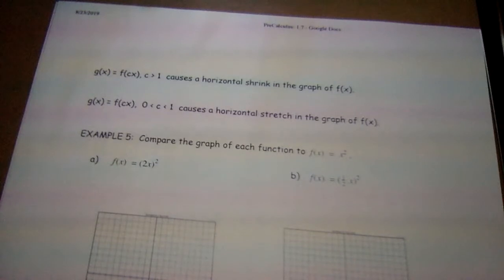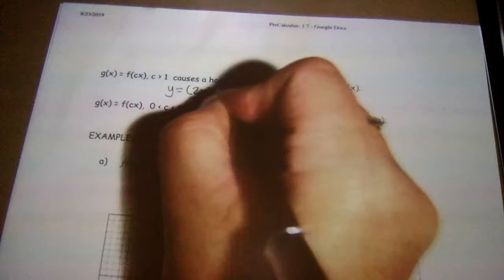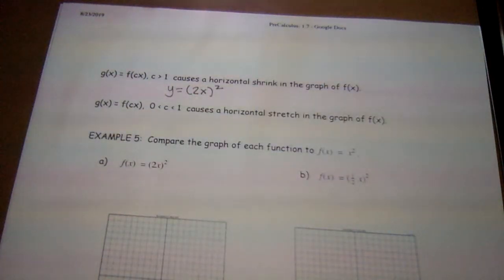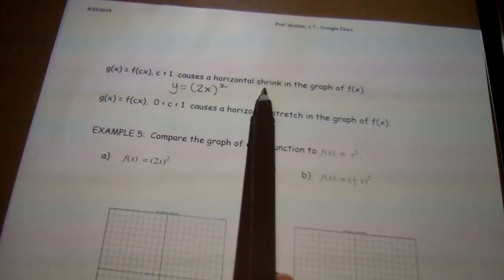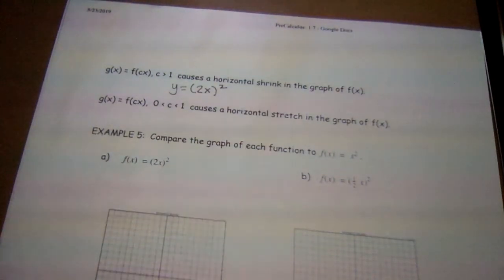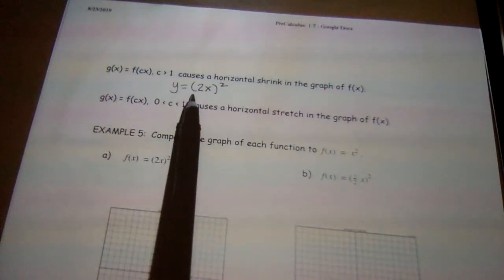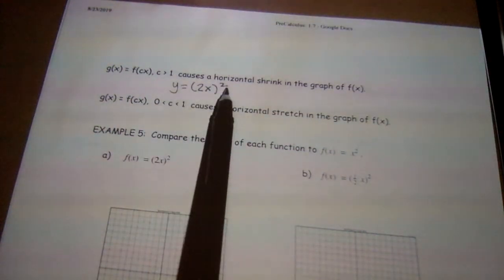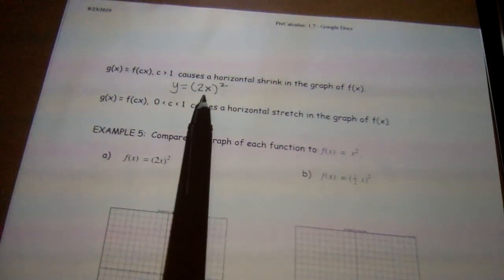What happens if it's inside the function? If it's something like y equals the quantity 2x squared, what do you think a horizontal shrink is going to do? Well, if you simplify this, if you square 2x, what do you get? 4x squared.